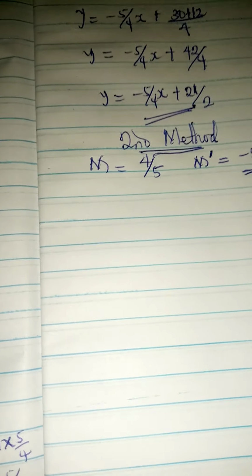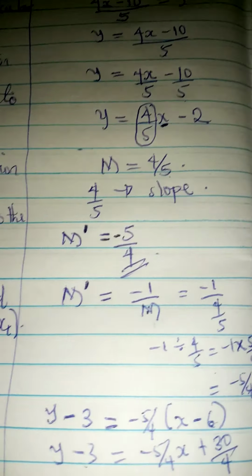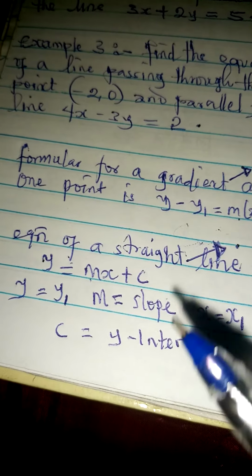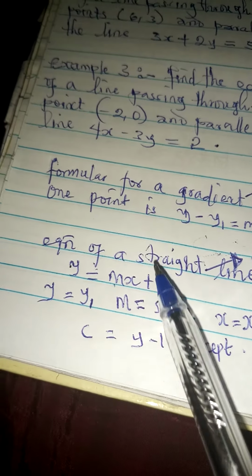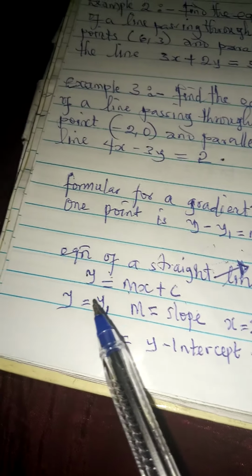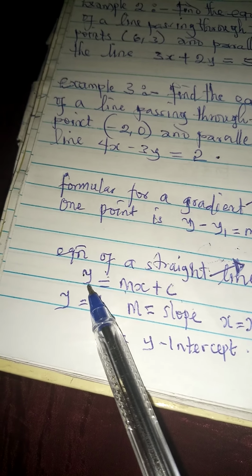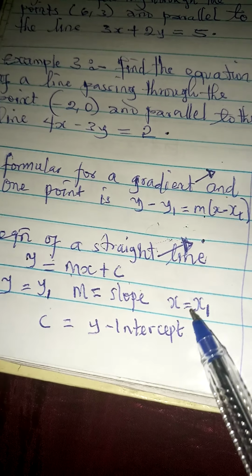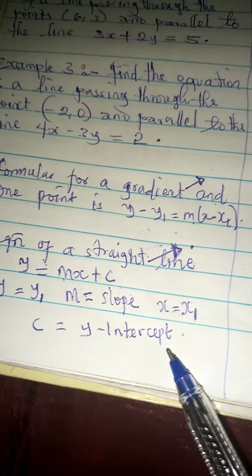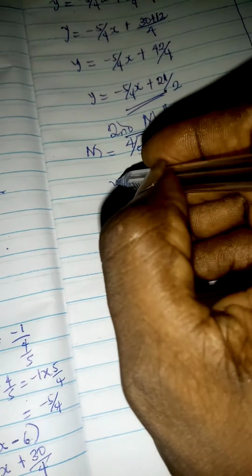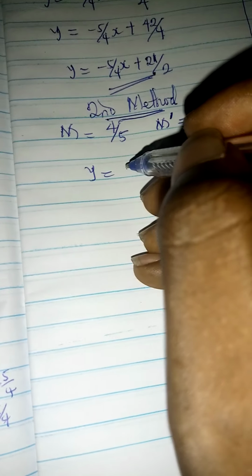Remember I told you that in the second method we are going to be using the equation of a straight line, which is y equals mx plus c, and I have defined each value there. I've told you that y is y1, m is slope, x is x1, and c is the y-intercept. So how do we now do that? y equals mx plus c. So what is our y?